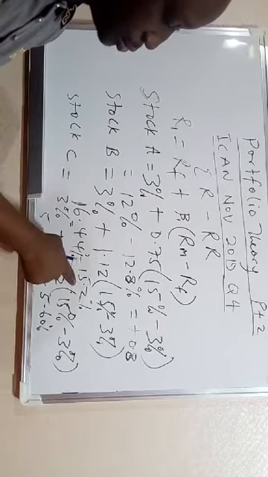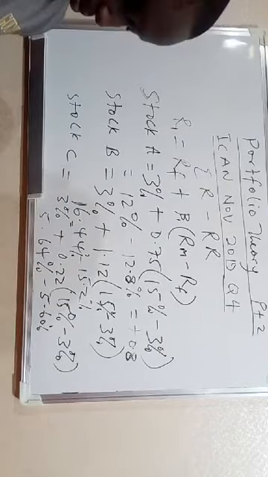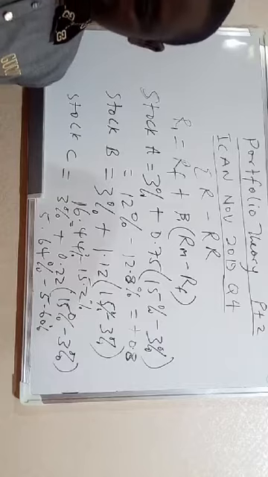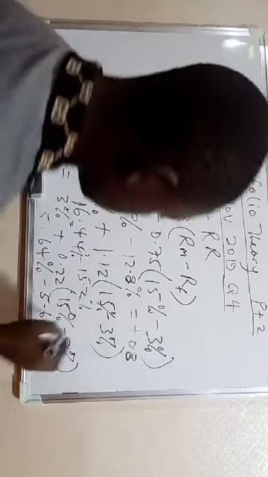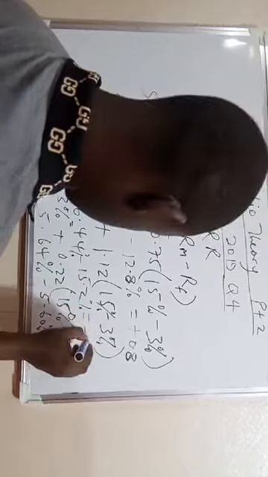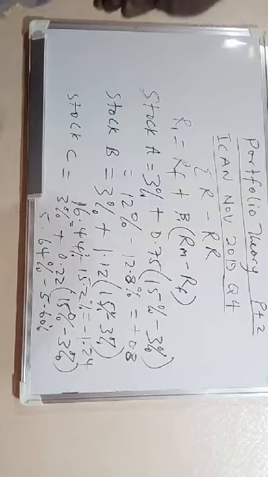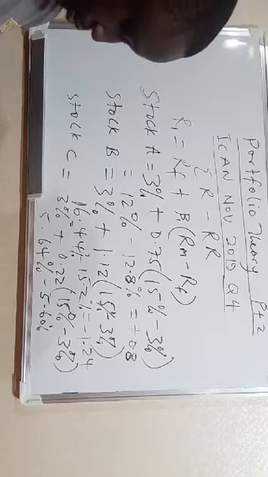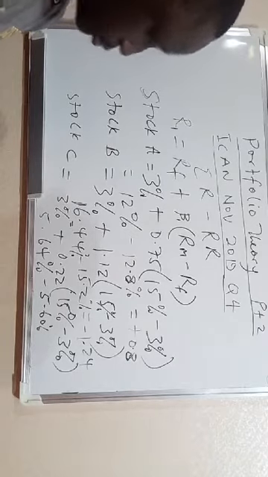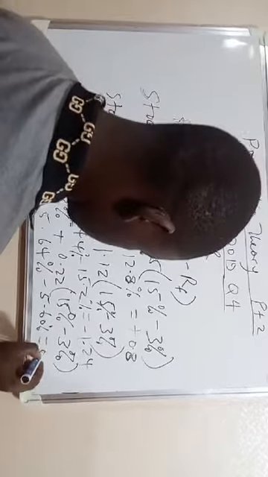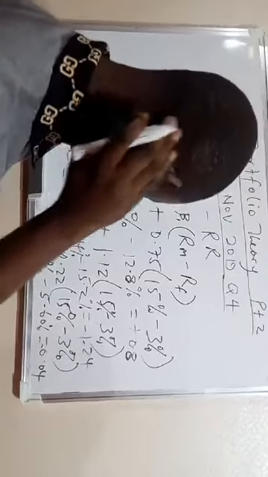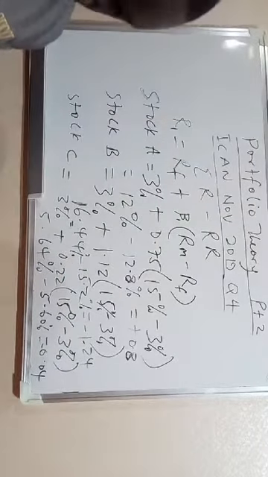This is the expected, this is the required. 15.2 minus 16.44, we have negative 1.24. Then 5.6 minus 5.64, we have negative 0.04.